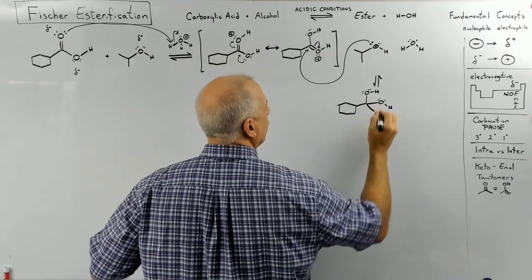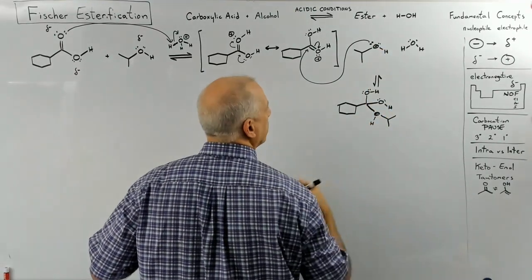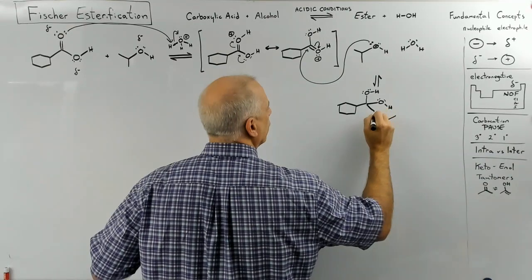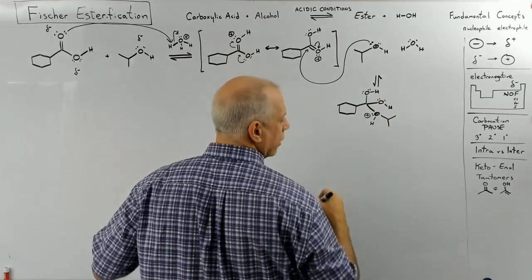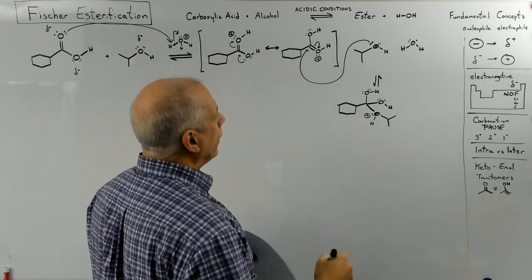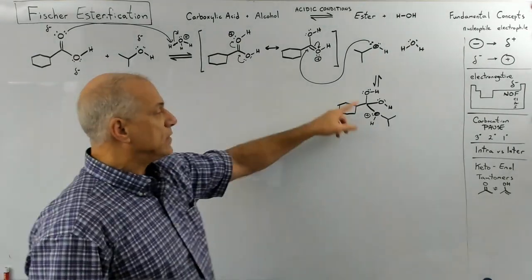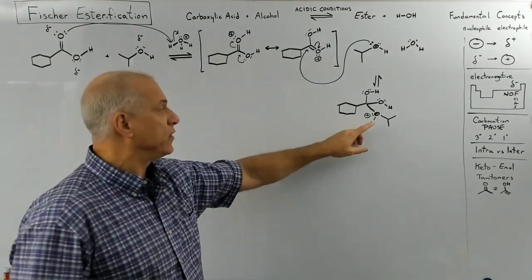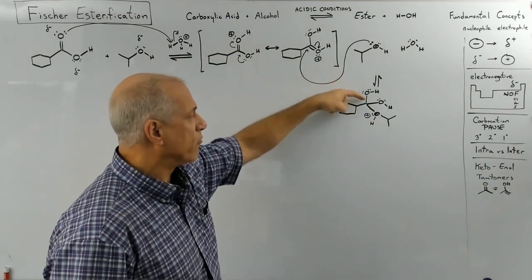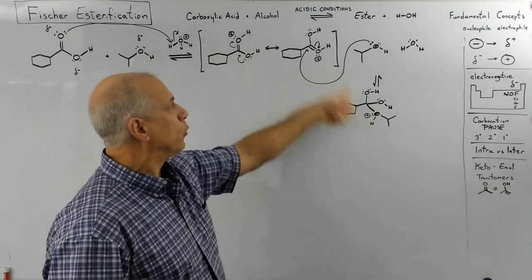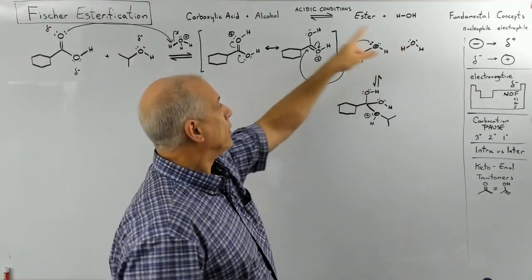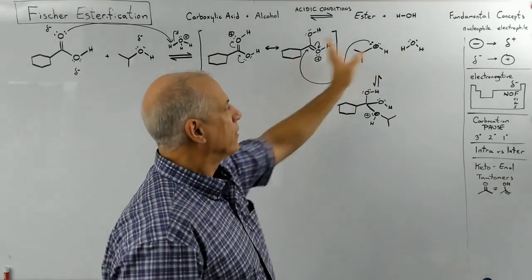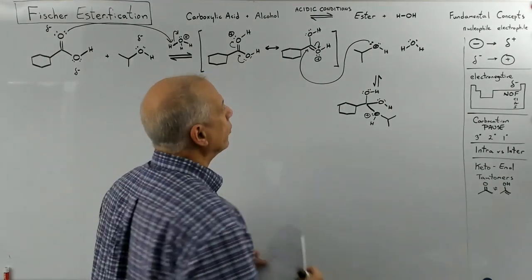Now this alcohol right here, that oxygen, that's tagged that one. I'm going to have a lone pair over here, and this oxygen now is going to be positively charged. Again, as soon as this happens, this oxygen is positively charged, and electrons from up here can come right back down, kick that out, and we're right back to here. We can also have the water molecule come in and do that and come out. So again, all this is equilibrium.